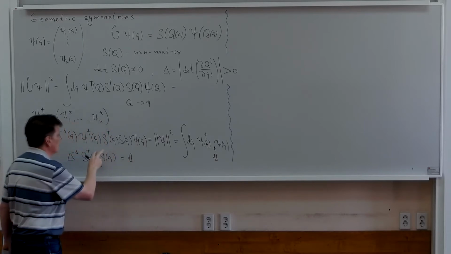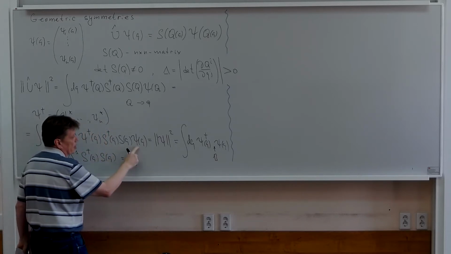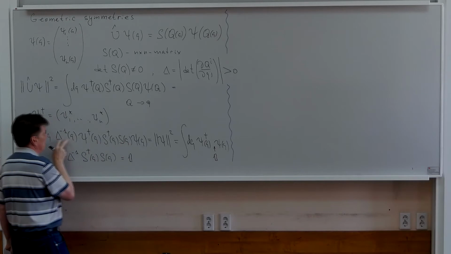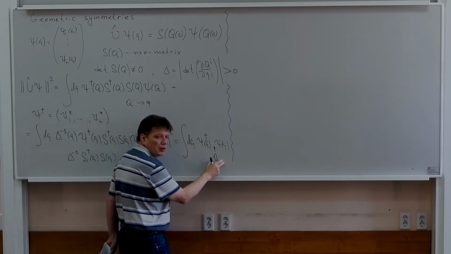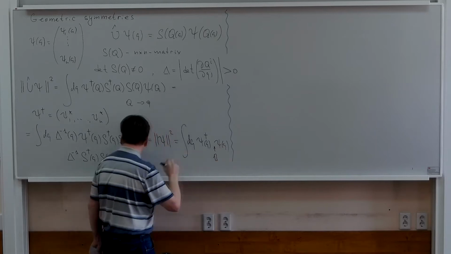So this matrix in between psi dagger and psi, multiplied by delta to the minus 1, should be equal to the unit matrix.